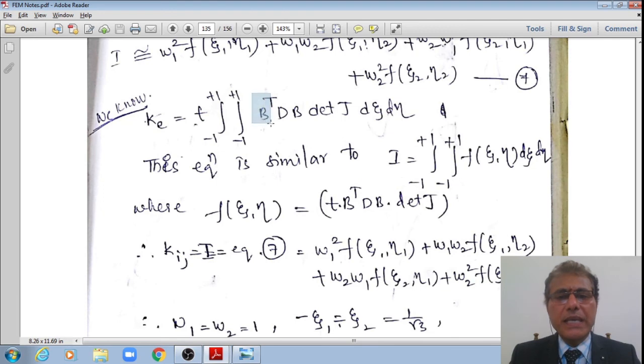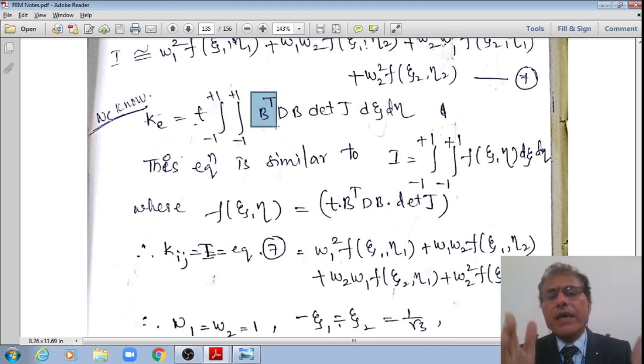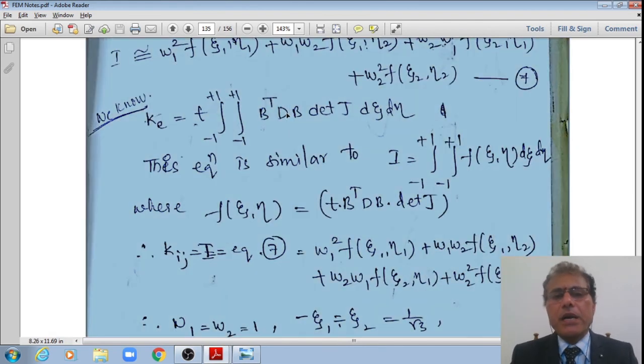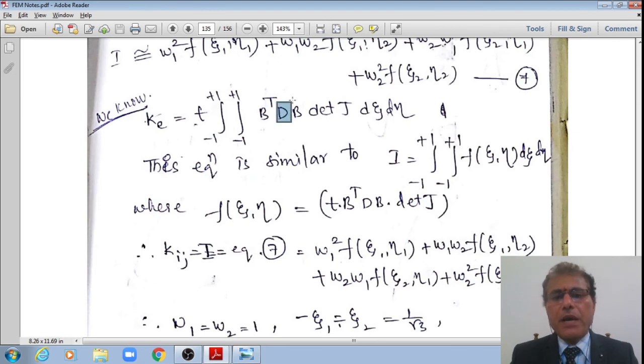However, we have already seen that B is not a constant matrix; it varies linearly with the polynomials of xi and eta. And D is a material property matrix. It can be taken out of integration, but I can't take B out because B is a matrix having xi and eta terms, multiplied by det J, right?